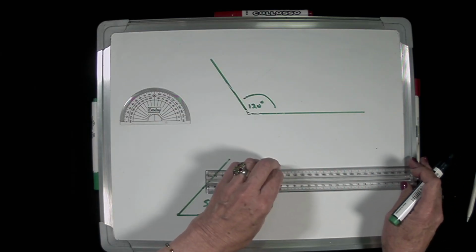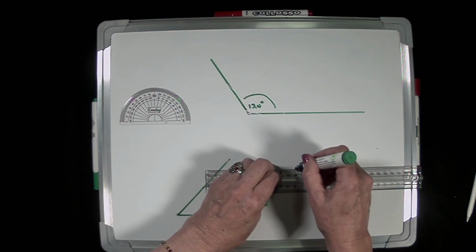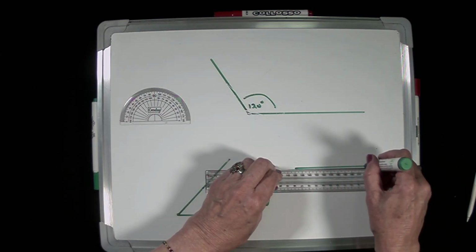Okay, so now I want to tell you how to construct an angle. Now we've measured an angle. So if we construct an angle, we're going to use our ruler, and we're going to draw a baseline, a line, or one of the arms, like that, right?